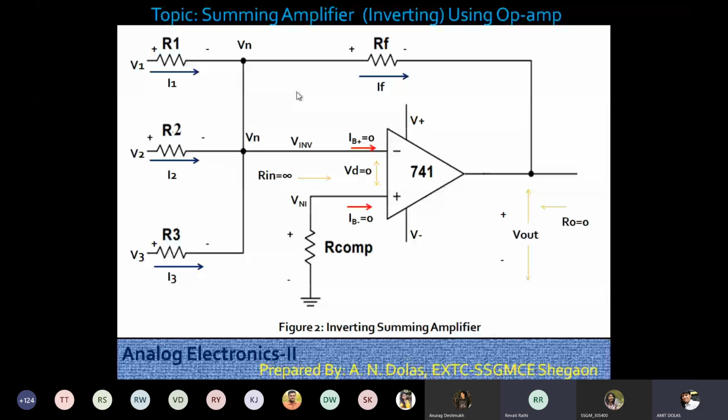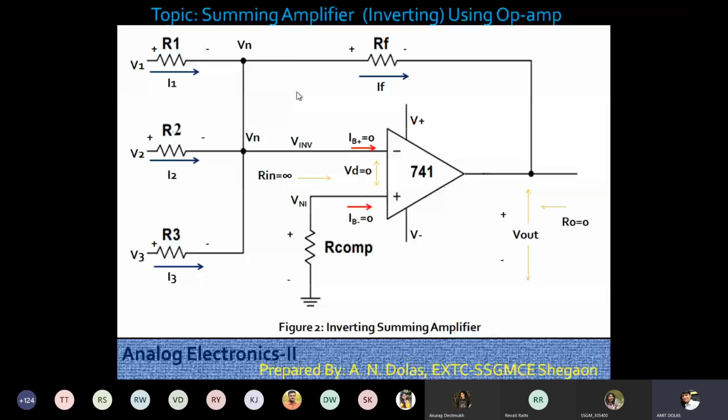So this was related to the first circuit, which is a scaling amplifier using inverting mode. Now, next is the summing amplifier in inverting mode using op-amp. You can see the circuit is slightly modified. I'll highlight here to understand.